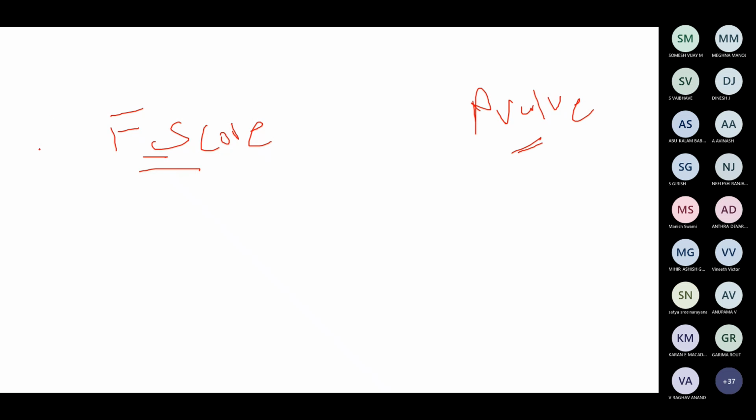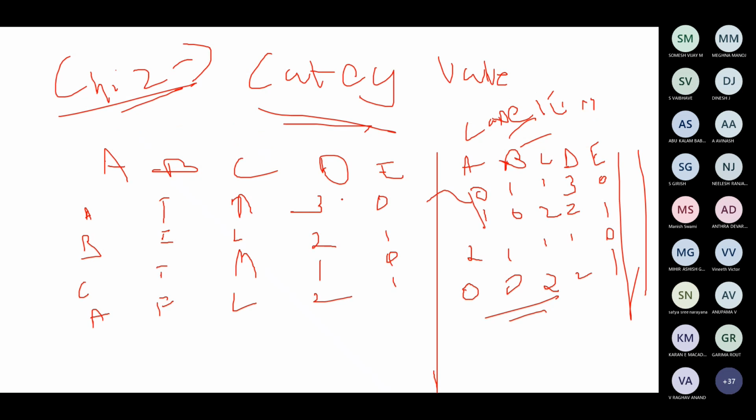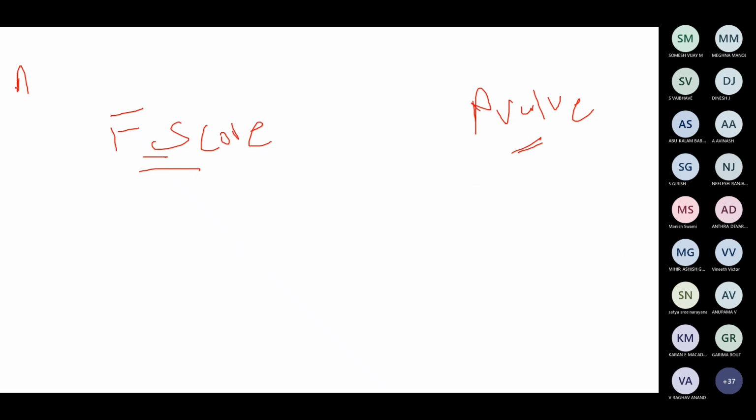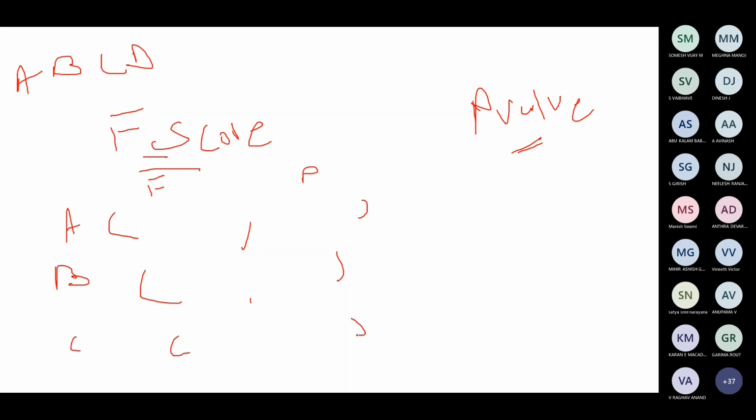For every attribute, A, B, C, D, you will have an F score and a p-value. For A you have the F score and the p-value, for B the F score and the p-value, for C, and for D, if there are four features considered.